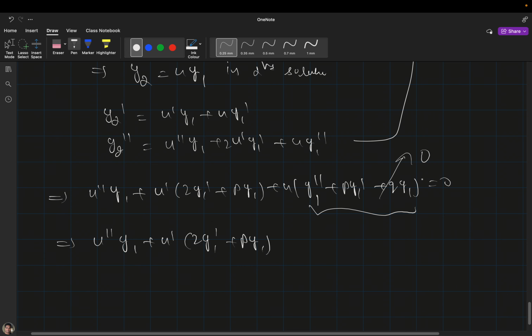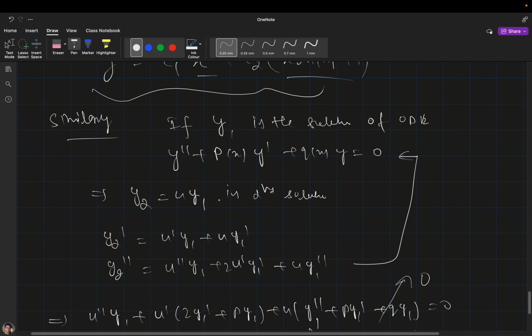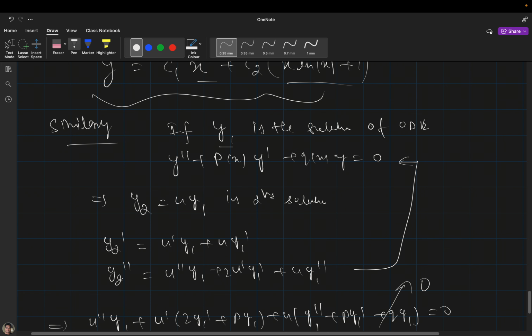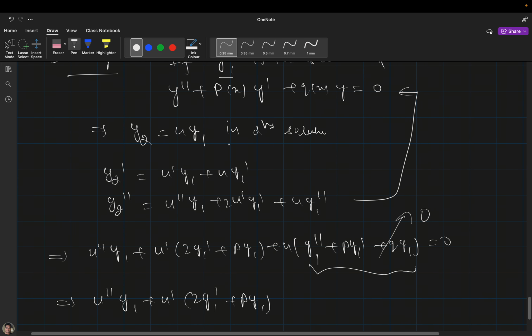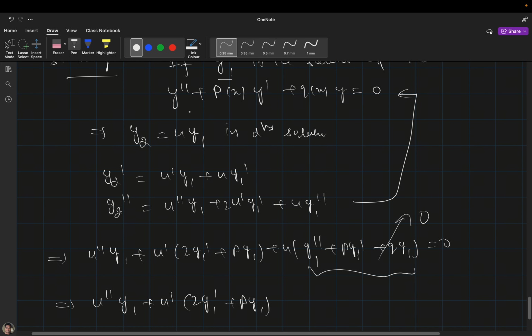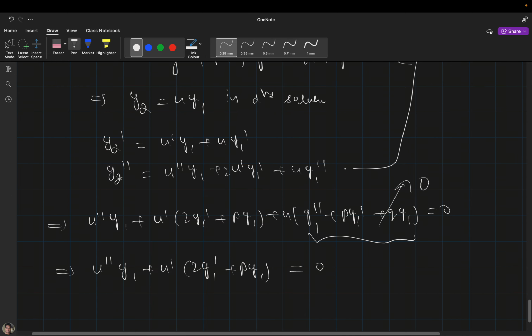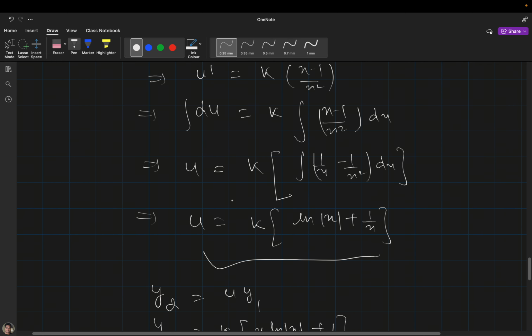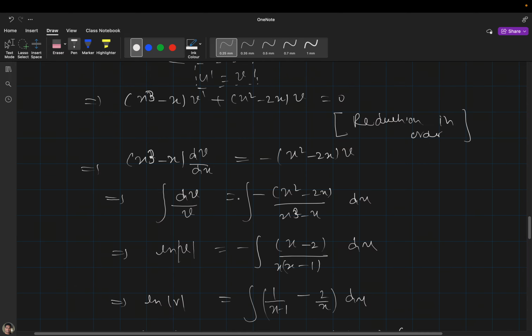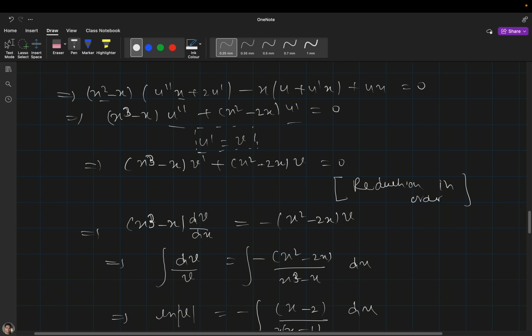This will be 0, because I have already assumed that y1 is one solution of this differential equation, which means that y1 should satisfy it. So that's why it will become 0. And the same thing happens here also: if you simplify this, the other term will be cancelled out.